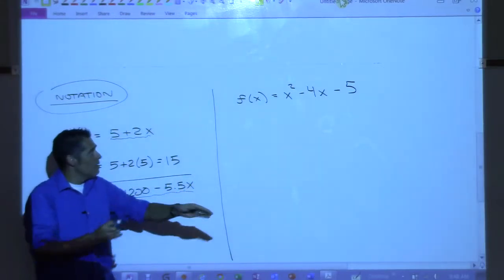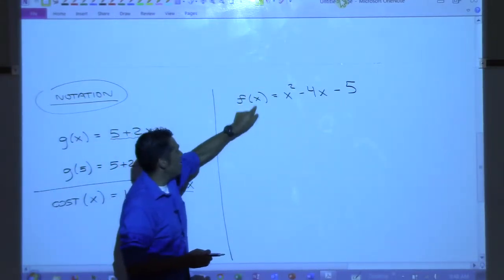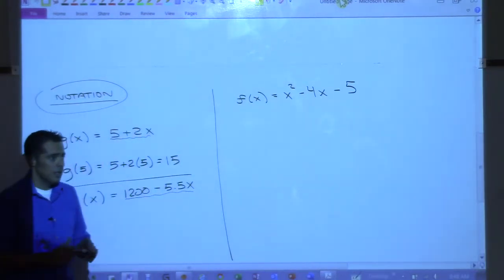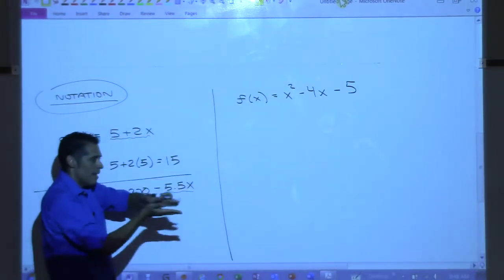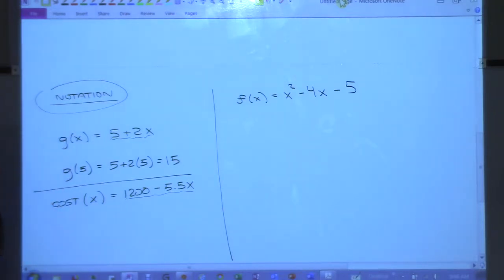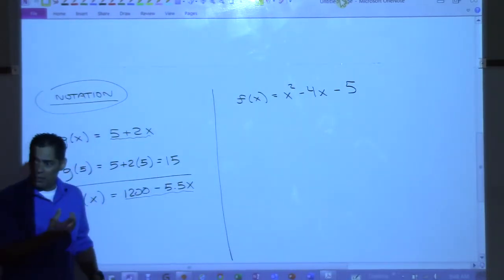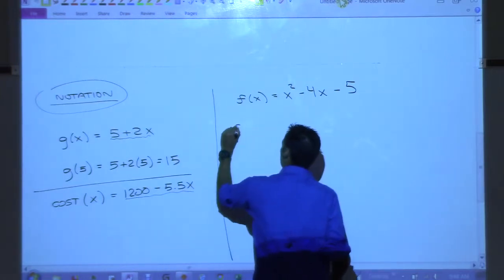If I did not put this here and I put y equals this, then you could not assume that, and it might not be a function. You might have one thing going in, two things coming out. So with this function, what we want to be able to do is evaluate it, in other words, plug in some different values of x. So let's evaluate this function.